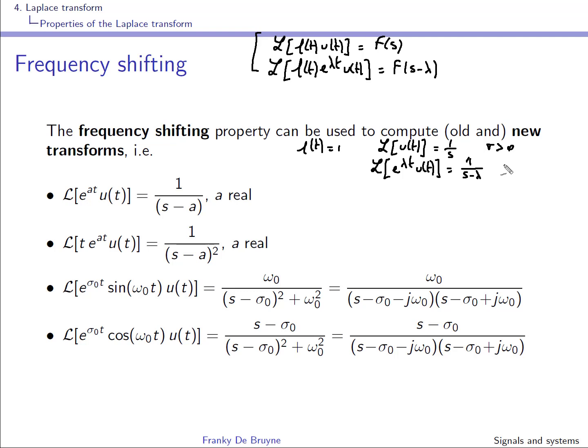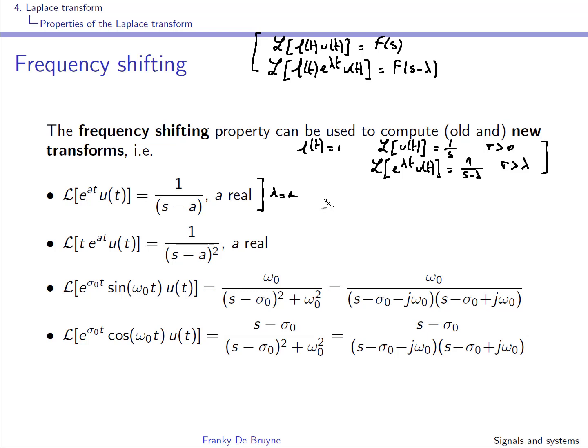Okay, and the region of convergence will be shifted by lambda, so we obtain this region of convergence. Okay, well, this is what is written over here with lambda equal to a. Right, here we have produced something that we had encountered before, so it's nothing new for our catalog, it's just a way of obtaining it differently.